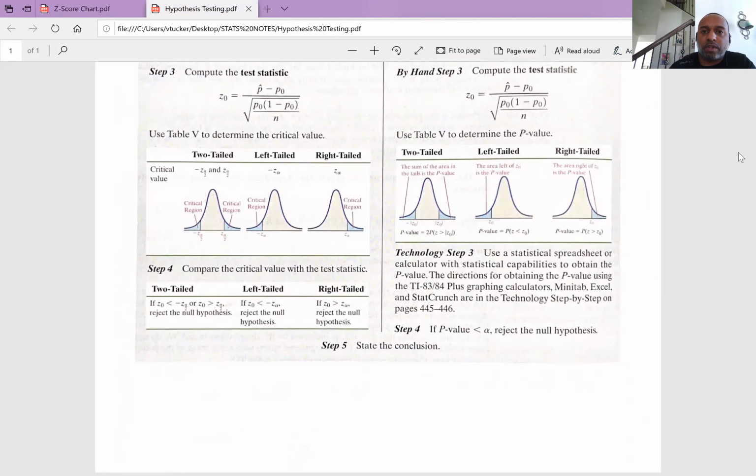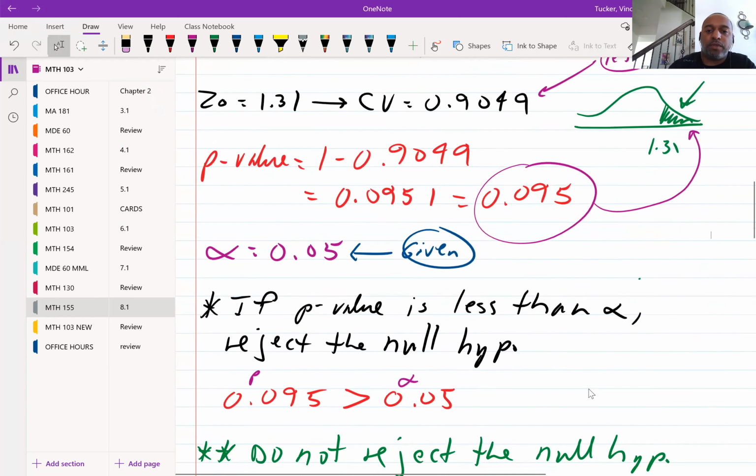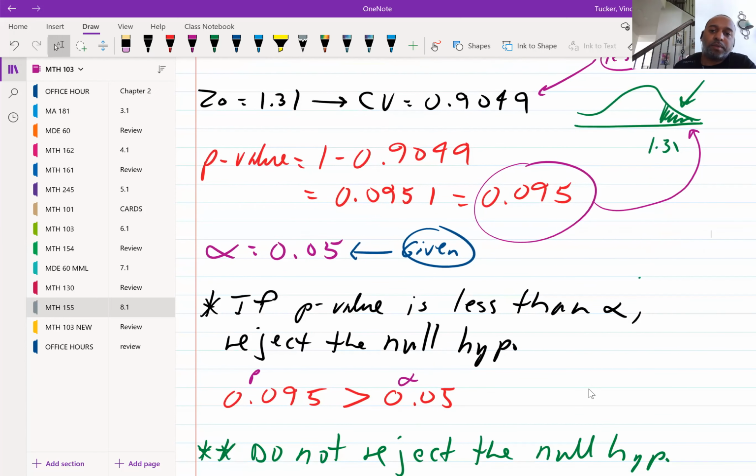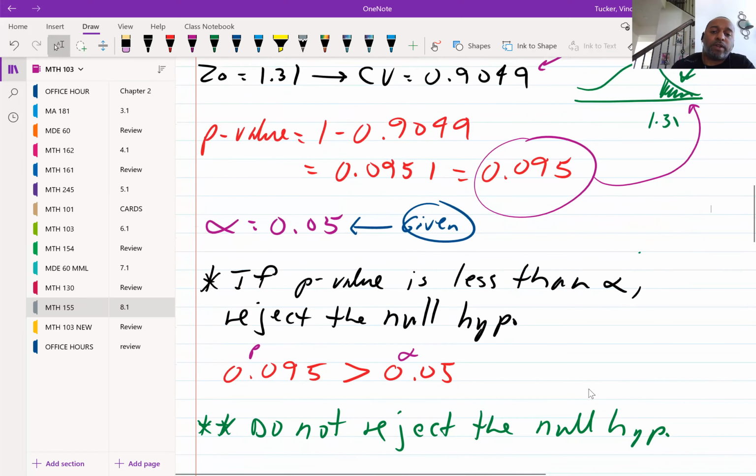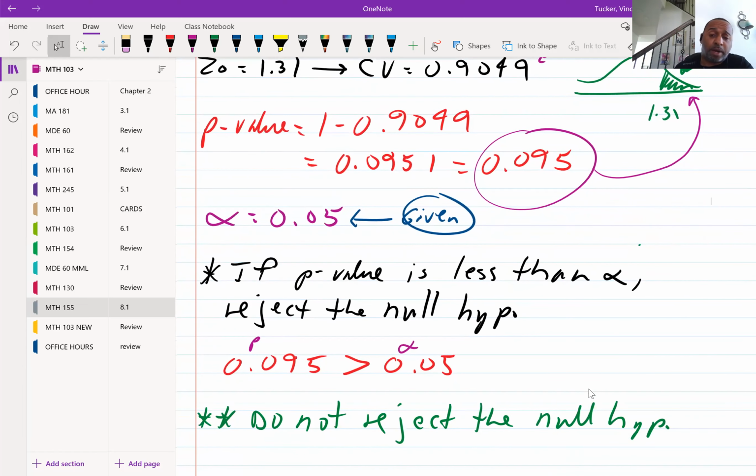So right down here, it tells us if p-value is less than alpha, you reject the null hypothesis. So our p-value is 0.095. Our alpha was 0.05. So that's greater. So we do not reject the null hypothesis.